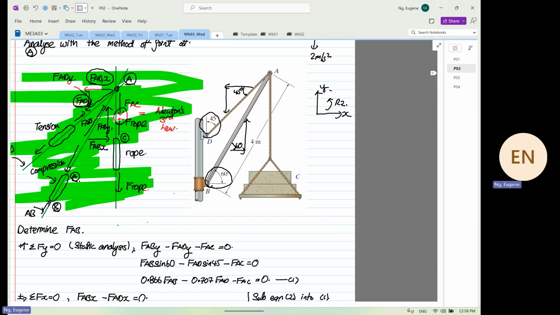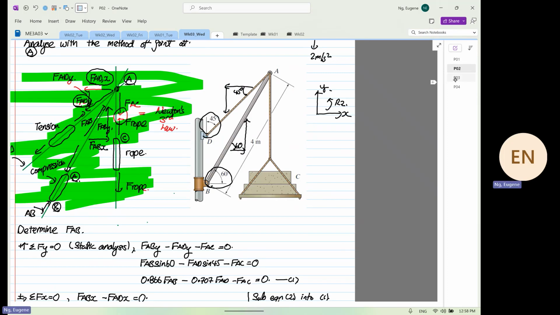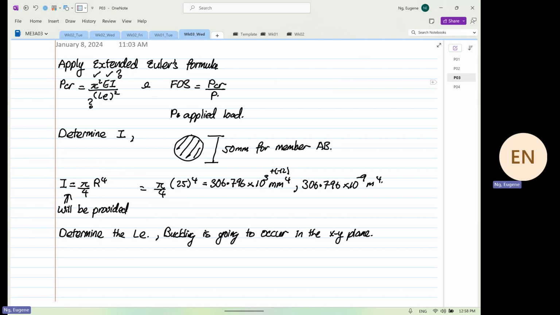So we are going to assume that buckling, so you have to declare that buckling is going to occur in the XY plane. So you make the assumption. So from here, any question with the assumption?